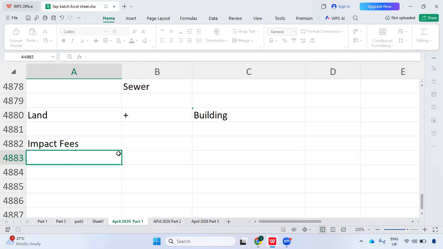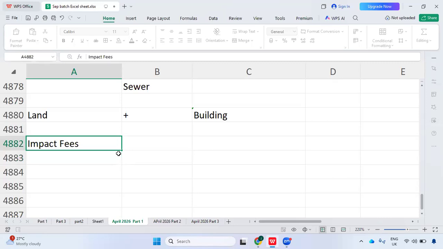If there is new construction, these will be impacted, right? Who will take care of all this? The local government will take care of all this. So in new construction cases, the developers need to pay these impact fees to the local level governments.